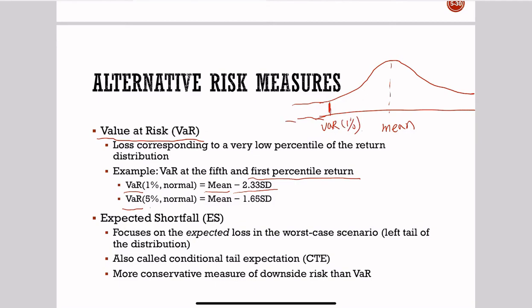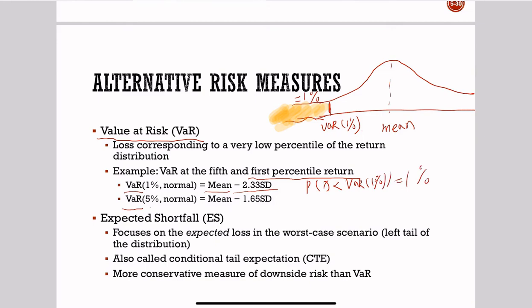Then it basically means the probability here equals 1%. That is, the probability of x smaller than VaR 1% equals 1%.